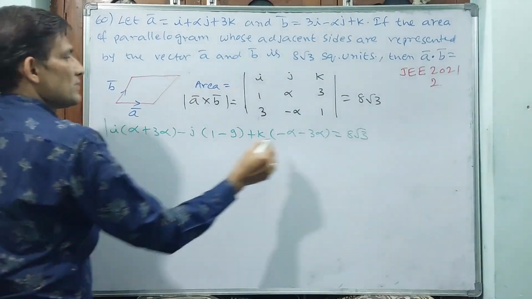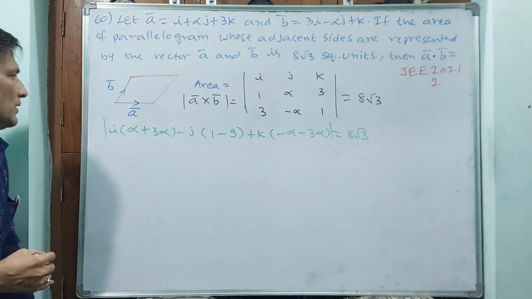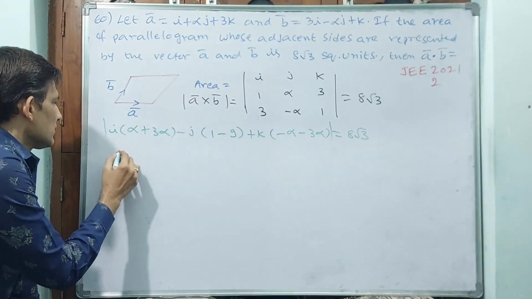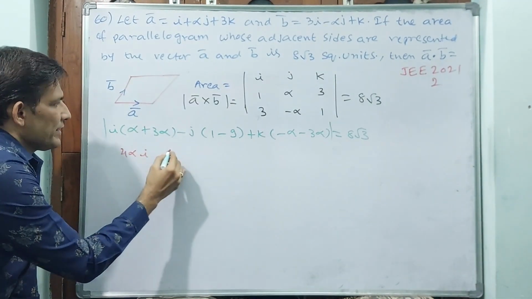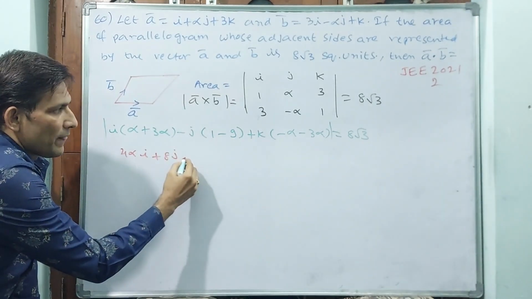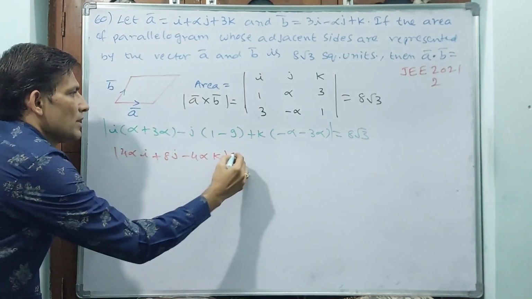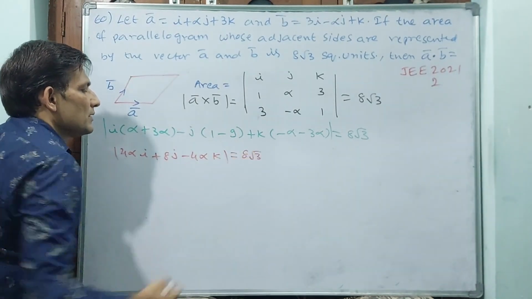See, 8√3 means this you keep in modulus. So 4α i − (−8) j... that is, 4α i + 8j − 4α k, modulus, is equal to 8√3.